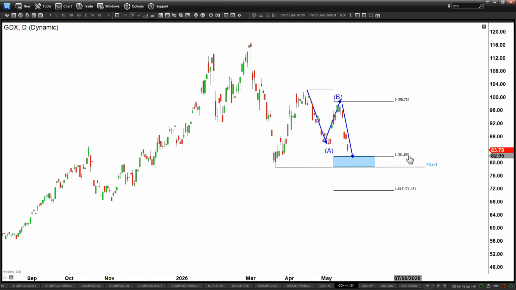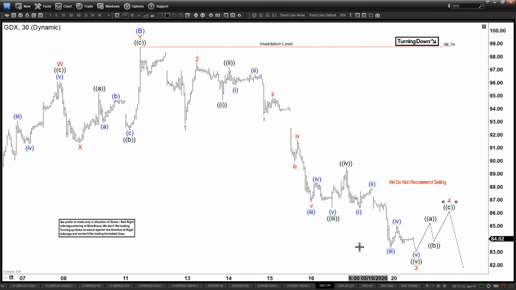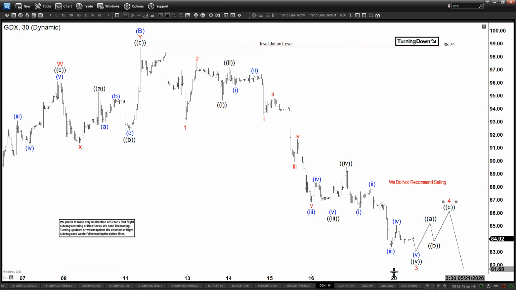Okay, and since we are getting close to this level anyway, then again, I think even though we are calling it lower in the 30 minutes, if you think about it, I don't think there is a good sort of risk to reward unless you believe it is more bearish than what we are suggesting. If you believe it's going to break below 78.60 and go all the way down to potentially 64, right? If that's what you think, then yeah, this can continue to go down.